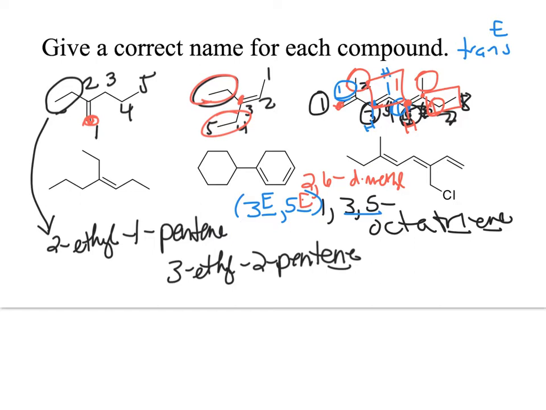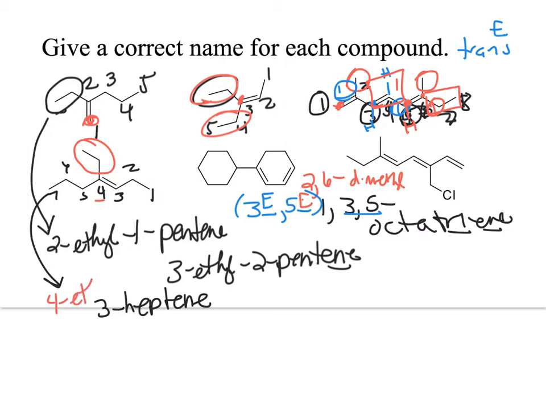We have 1, 2, 3, 4, 5, 6, 7. So 7, so it'd be 3-heptene. And our substituent then is this ethyl group on the carbon number 4. So 4-ethyl-3-heptene.